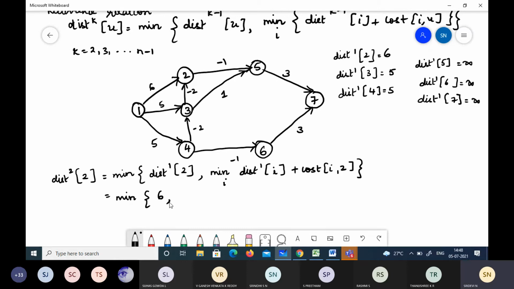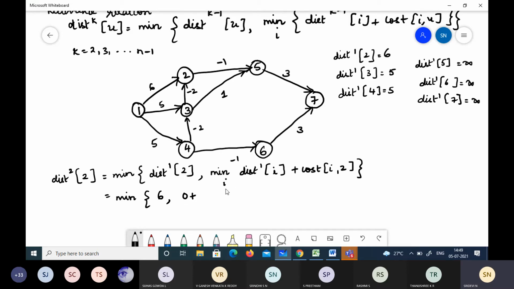So we have 6, and I varies over the vertices; the number of vertices is nothing but I. So we will check from 1 to 1, it is 0, minimum distance 0, plus the cost from 1 to 2.